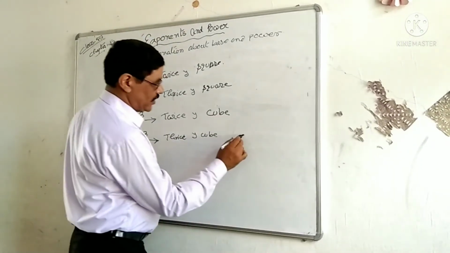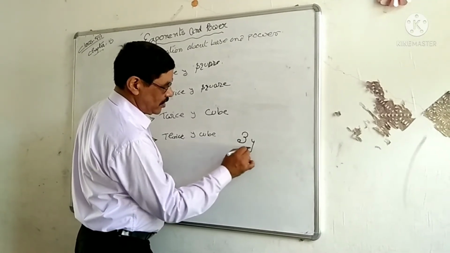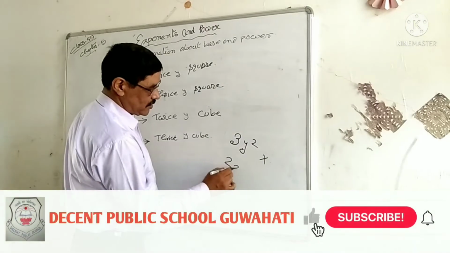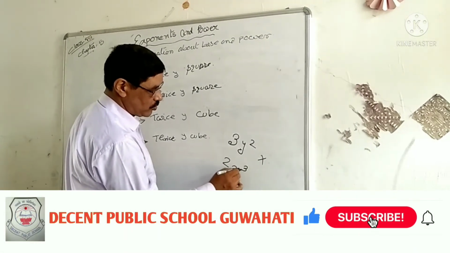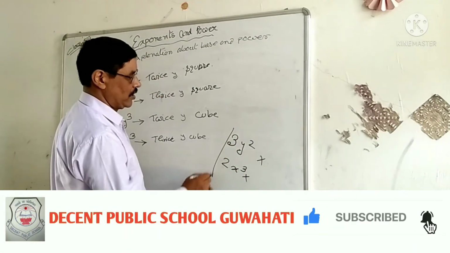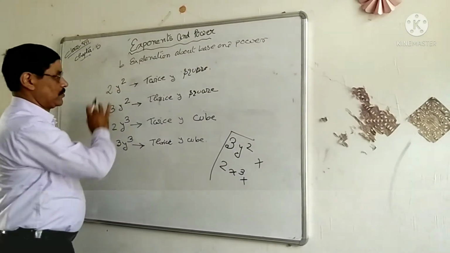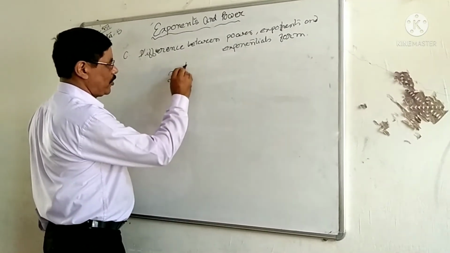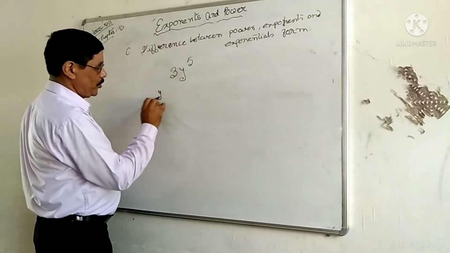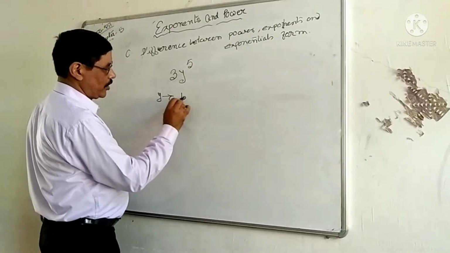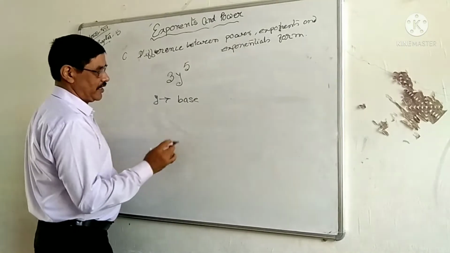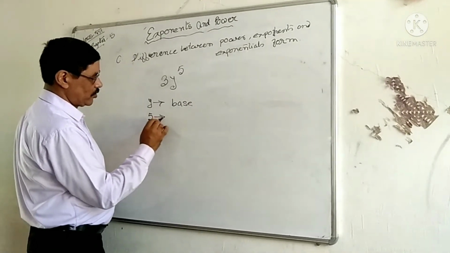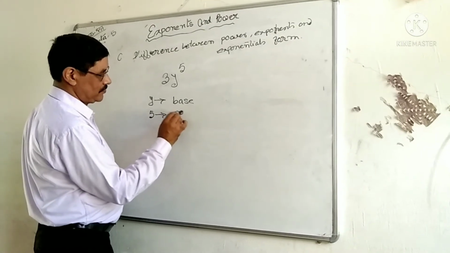You don't read it as, suppose, 3y to the power 2. You don't read twice 2x to the power 3. You don't read in this way. So this is the reading process. Let us take some examples. Suppose thrice y to the power 5. Here we know that y is known as the base, and this base must be a real number. 5 is known as the power.